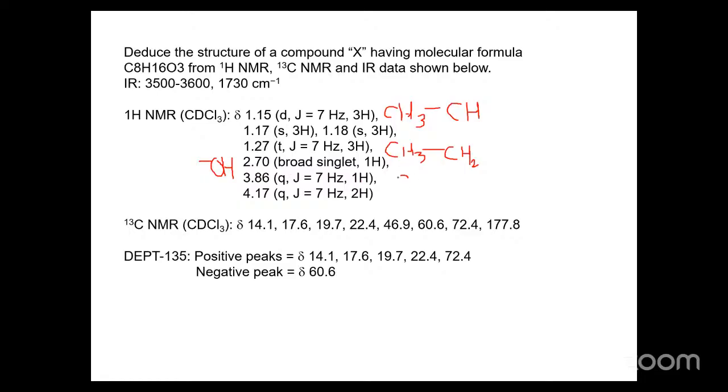That means we have the CH attached to a CH3. Next, quartet, again you are getting, but it's due to the two protons. So you will get CH2 attached to a CH3.